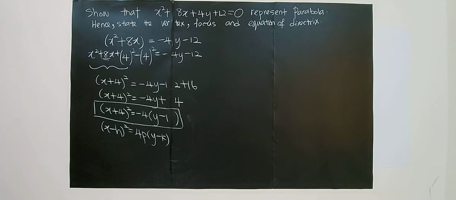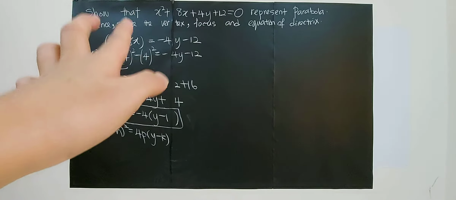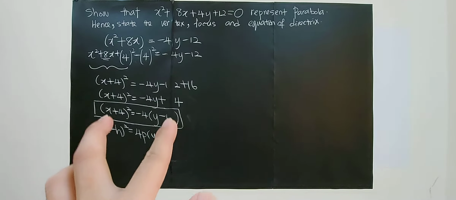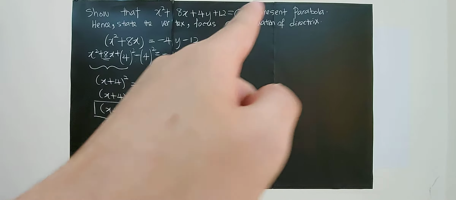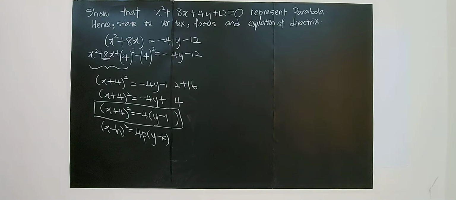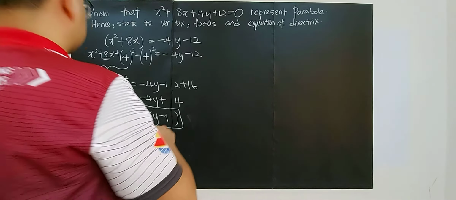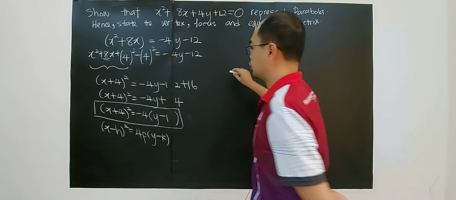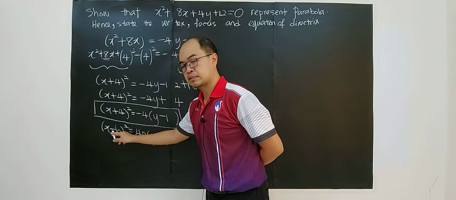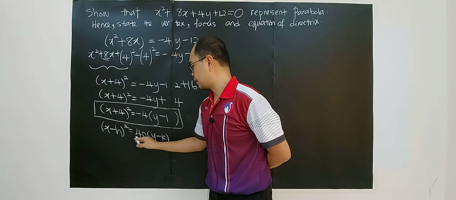Next, they ask how to use this standard equation in finding the vertex, the focus, and the equation of the directrix. And if possible, try to sketch the graph as well. Let's see how to find the vertex here. From this, we see that it is x minus h squared, with no y squared here.